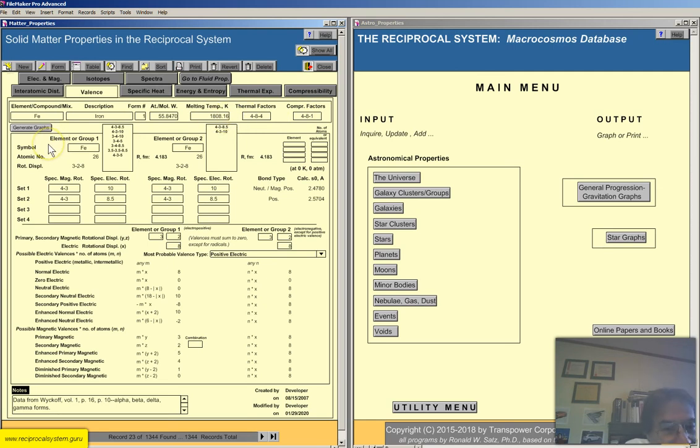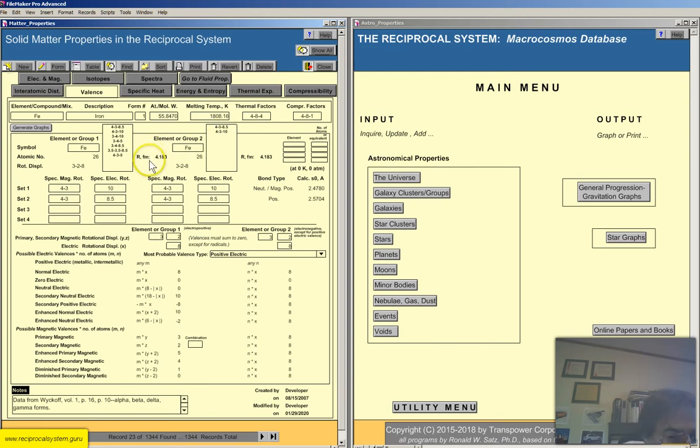Okay, now we can do two elements at a time, so an element or group 1, element or group 2. In this case we're just dealing with solid iron. These are the possible rotational speeds, as they're called, which are derived from the rotational displacement. So the 320 morphs into these possibilities here, and on the second side it maps into these possibilities here.